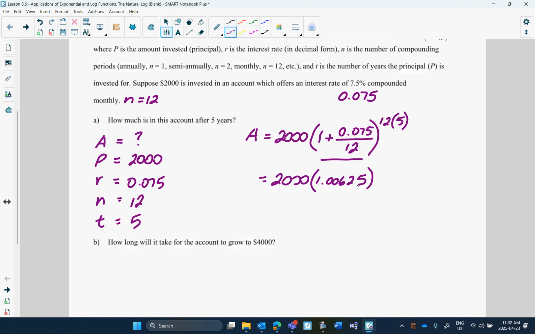Raised to the 12 times 5, well, that's the same as 60. It's a little hard to do this all in one step on your calculator. It's possible, but you'd have to use parentheses in certain spots, so it could get a little confused. Next, I'm going to do the exponent, and I'm going to multiply by 2,000 after to get the answer.